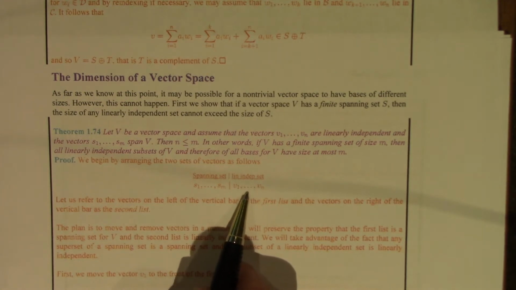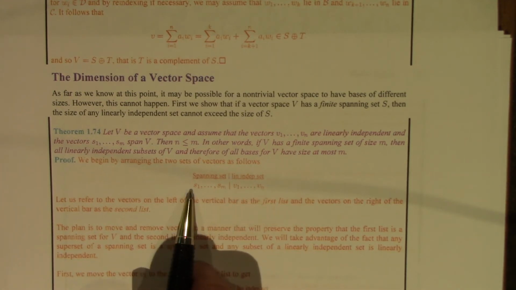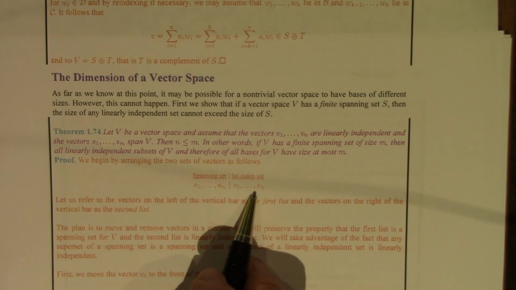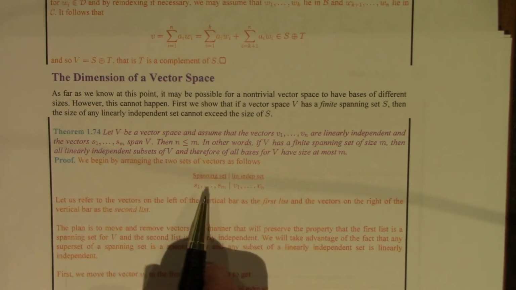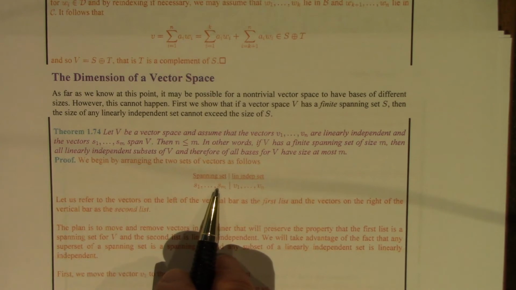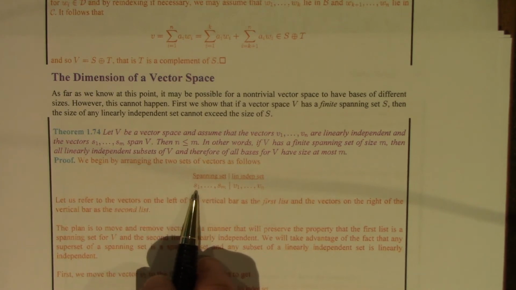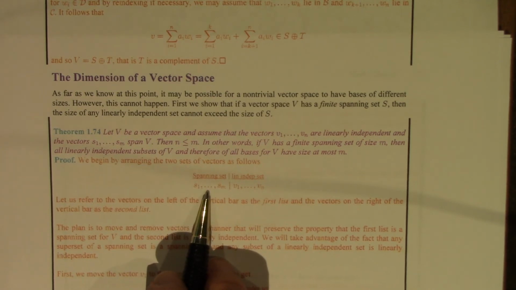If we pull vectors out of the second list and move them to the first list, this will always be independent because any subset of a linearly independent set is linearly independent, a non-empty subset. If we toss in a vector on this side, the list still spans. It's just bigger, it still spans.